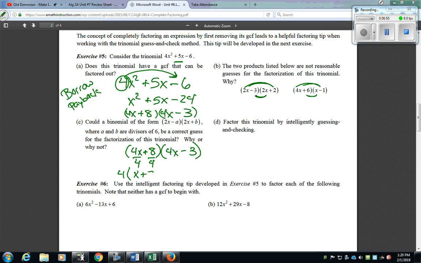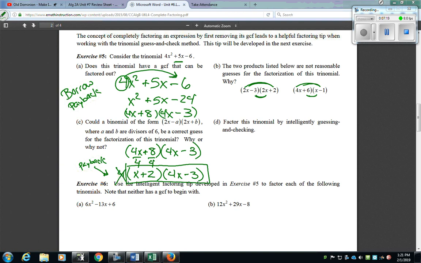I have x plus 2, and then I have 4x minus 3. Now I'm going to cross out this 4 because that's the 4 I multiplied earlier. So that's the 4 I'm paying back. That's my payback. So in this case, this would be my factored form.